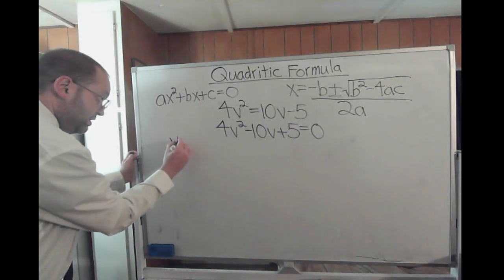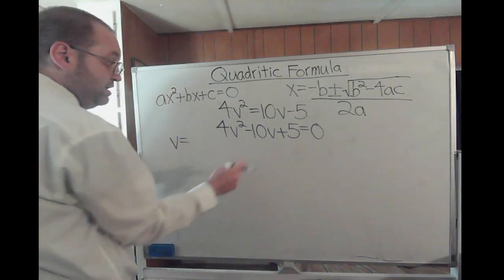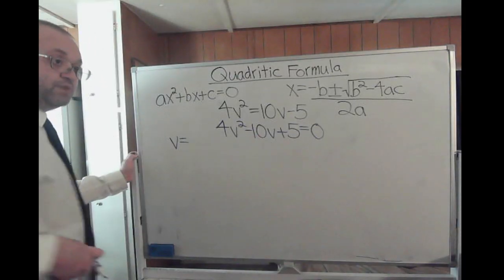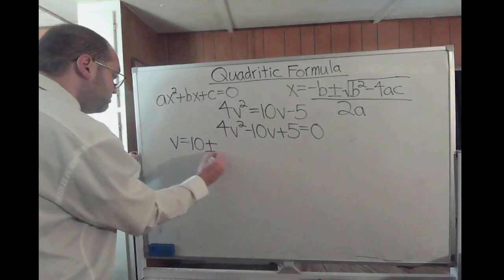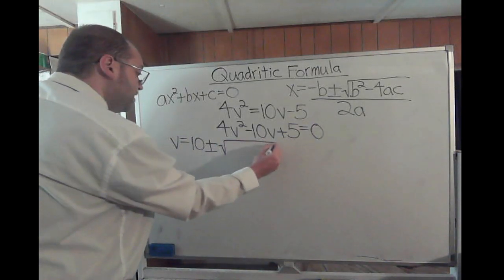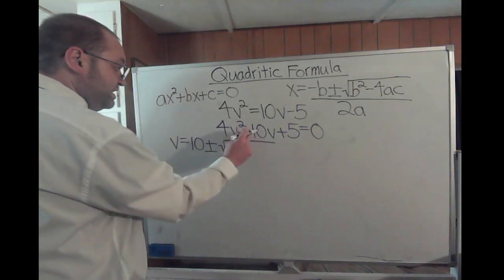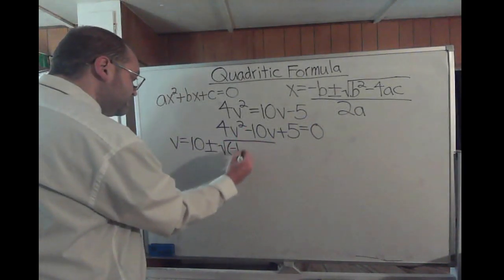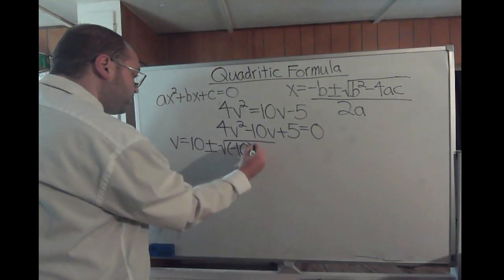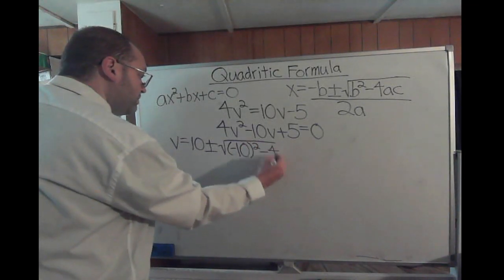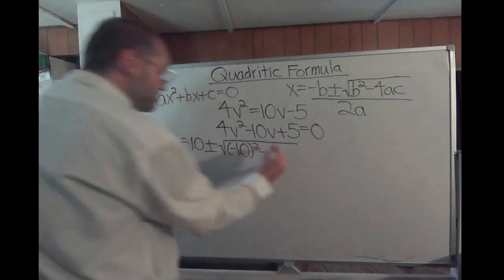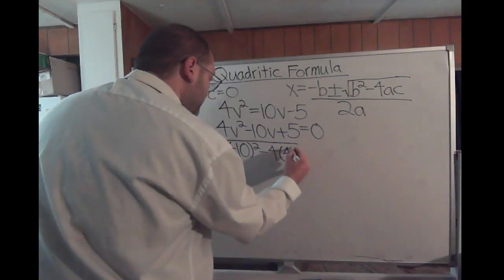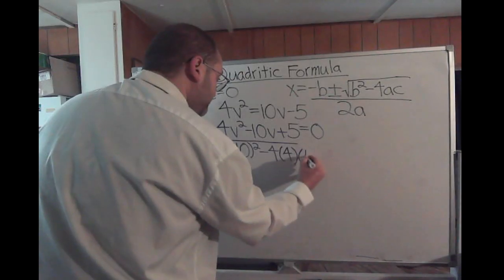So v equals the negative of b. Well, b is negative 10, so negative 10, that's positive 10. That's going to be plus and minus your square root of b squared, which would be negative 10 to the second power, minus 4 times your a, which is also 4, times your c, which is positive 5.